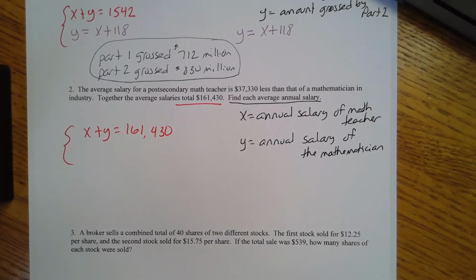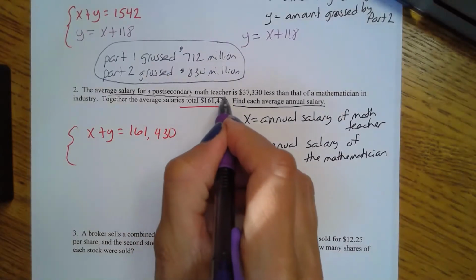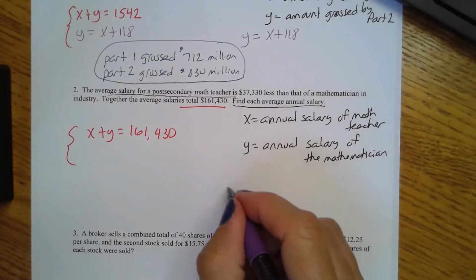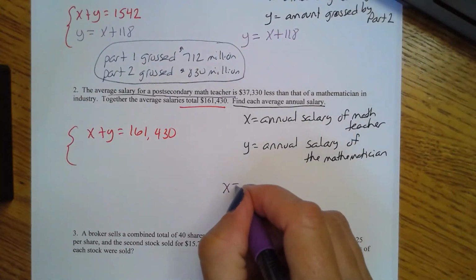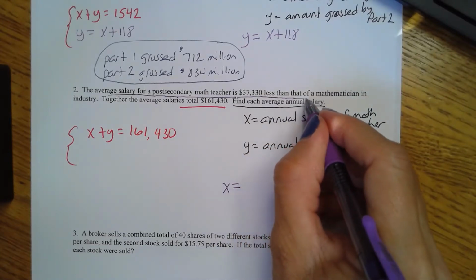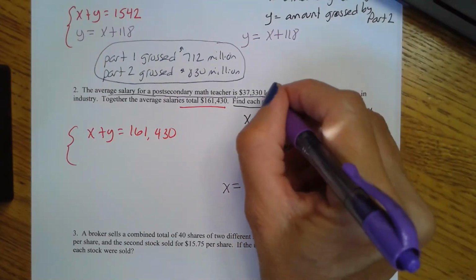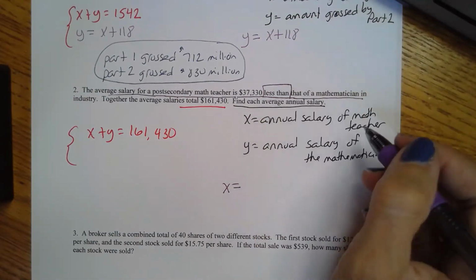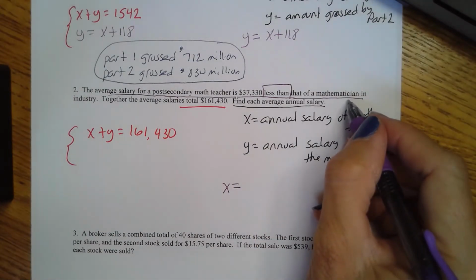So now let's go back to that first sentence. The average salary of the post-secondary math teacher. Which variable represented the math teacher? It was x. Is the equal sign. 37,330 less than that of the mathematician. So just like more than, less than has to flip the order, but we're going to subtract. So what was the mathematician's salary?